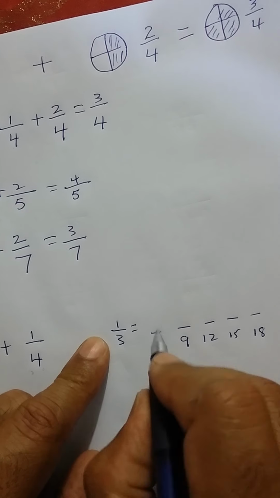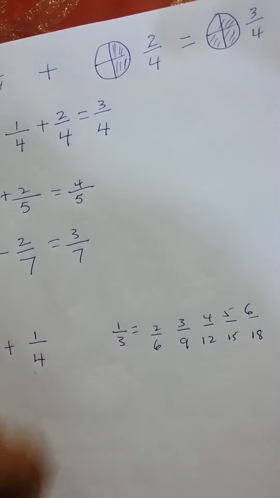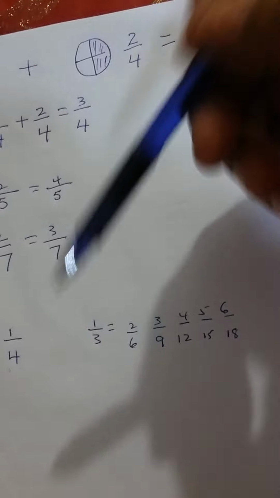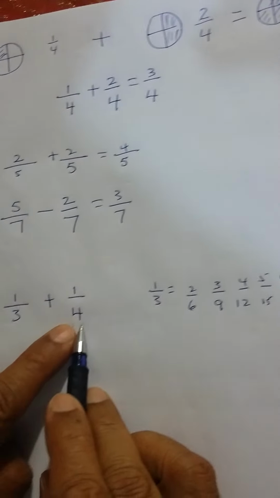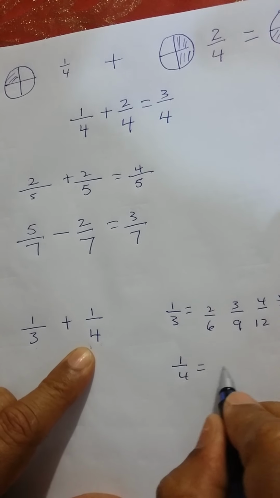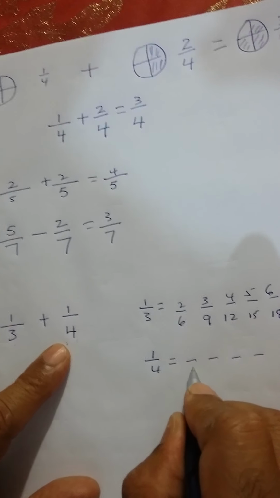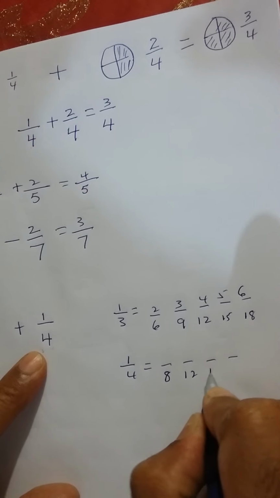And we got multiples of 1, 2, 3, 4, 5, 6. Remember we did this skill where we had to form equivalent fractions. And then we look at a quarter. We put down a quarter and we're looking for equivalent fractions of a quarter. We counted in multiples of 4: 4, 8, 12, 16, 20.